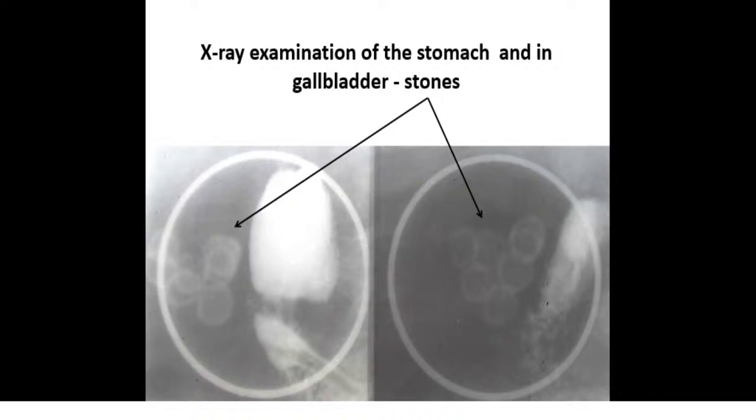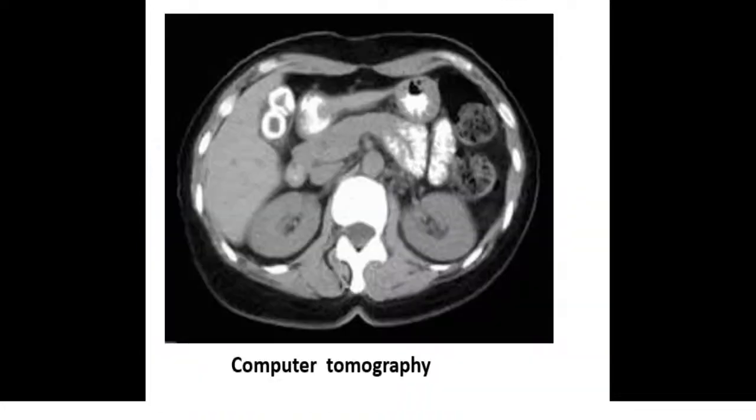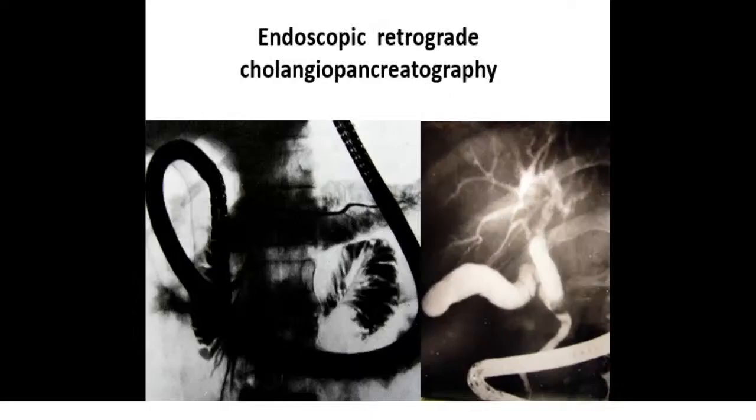But near the stomach we can see many stones in the gallbladder, and the whole gallbladder is filled with stones. And also we can use computer tomography to determine the presence or absence of stones in the gallbladder, or endoscopic retrograde cholangiopancreatography. Where is the stone? Because if the patient has a very small stone in the bile duct, on ultrasound and X-ray examination we cannot determine where it is.